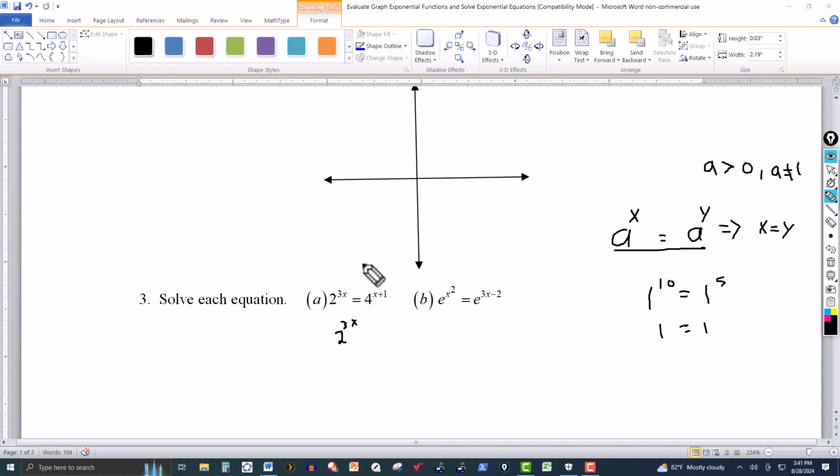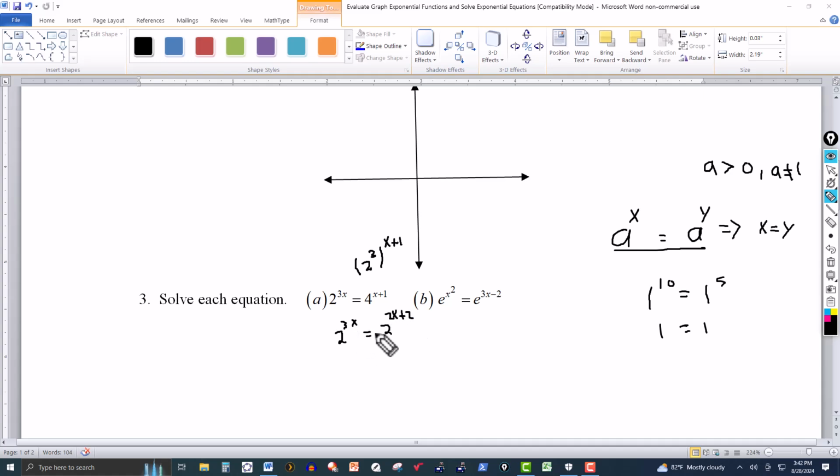And notice 4 is the same thing as 2 squared. So let me rewrite 4 as 2 squared, and then the exponent is x plus 1. Power to a power, I multiply the exponents. Here I'm just trying to get the base the same. So this will still be a 2 here, the base, and then this 2 multiplies that. So it'd be 2x plus 2.